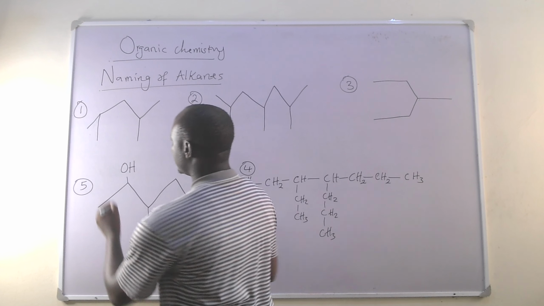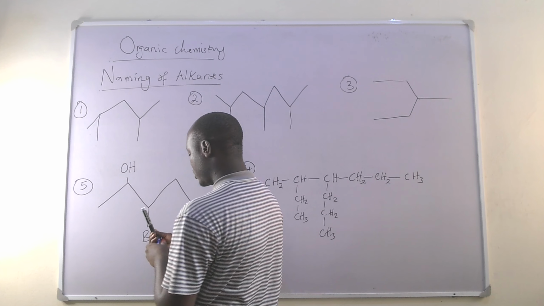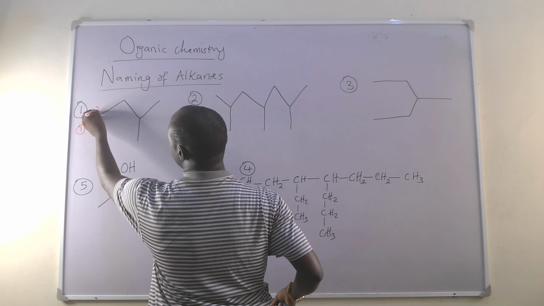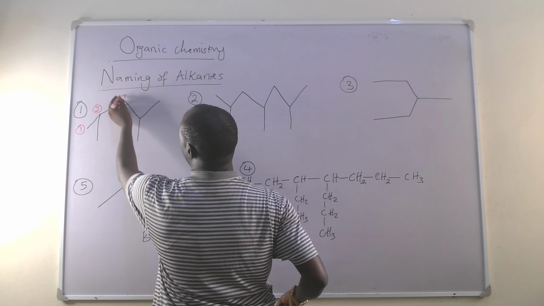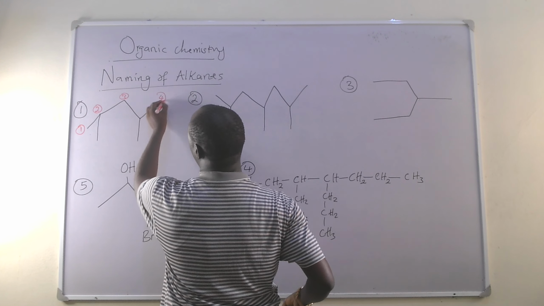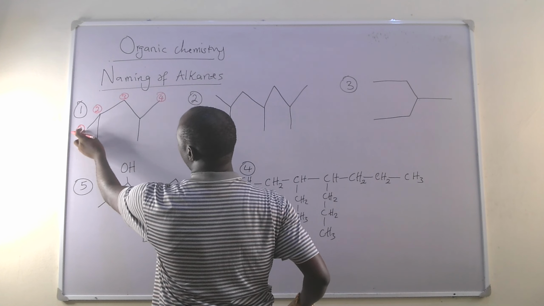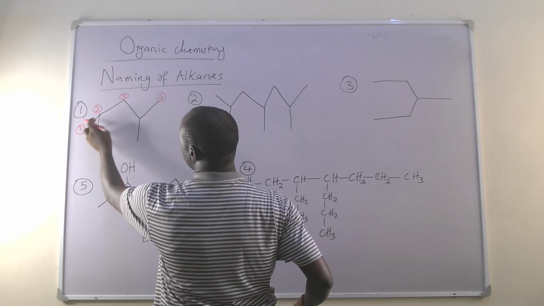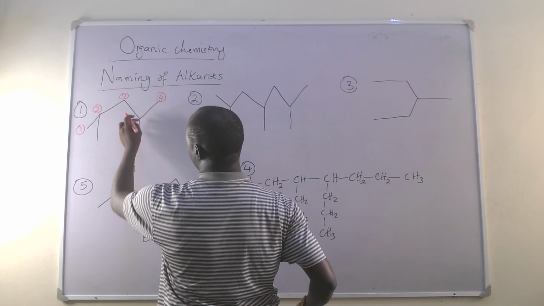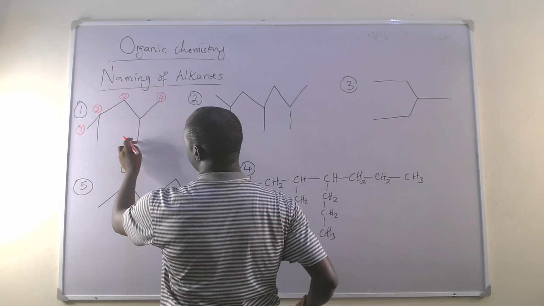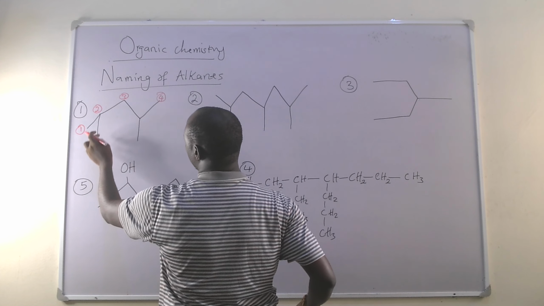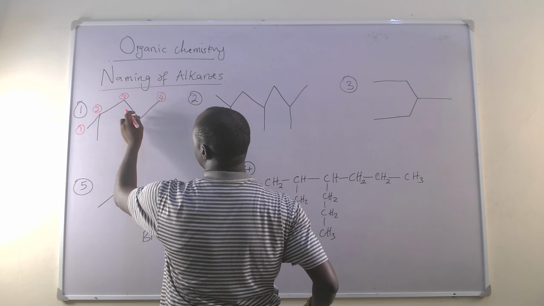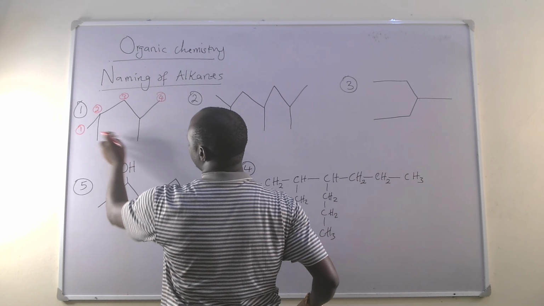Let's start with numbering. This is 1, this is 2, this is 3, and this is 4. Or you can start from here: 1, 2, 3, 4, 5. If you look at it from here, 1, 2, 3, 4, 5.